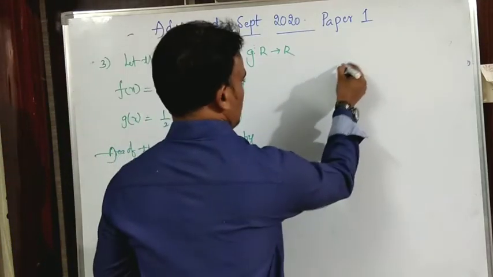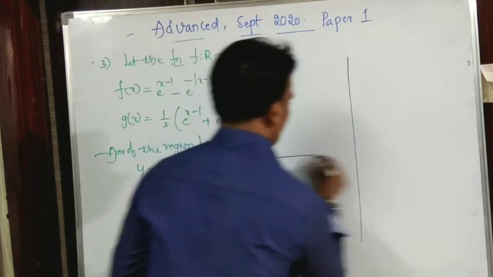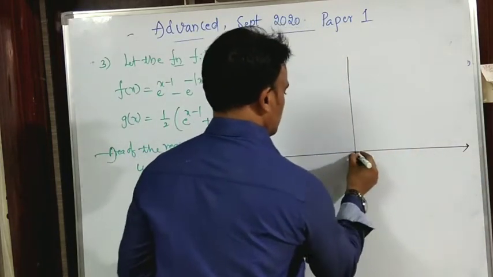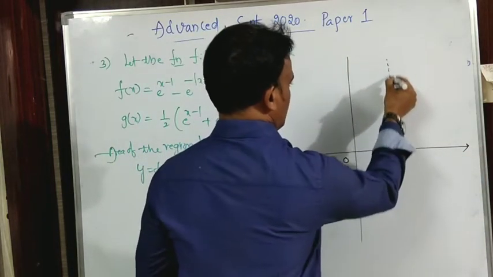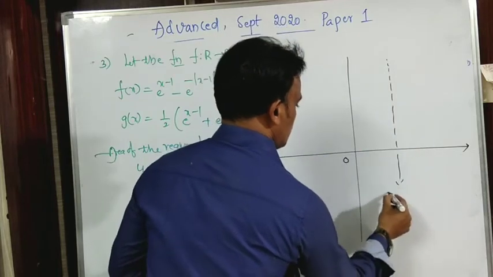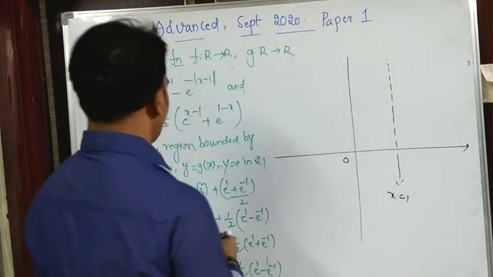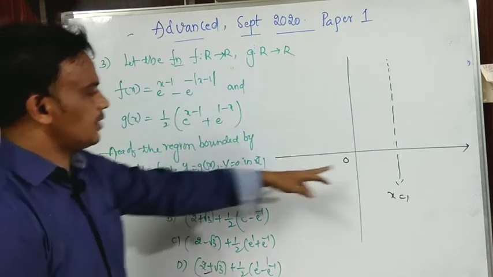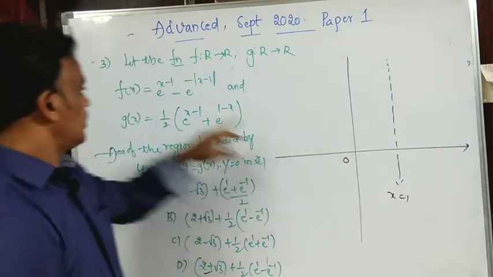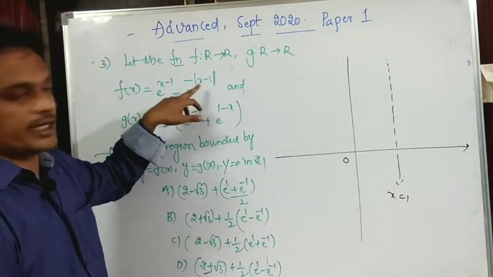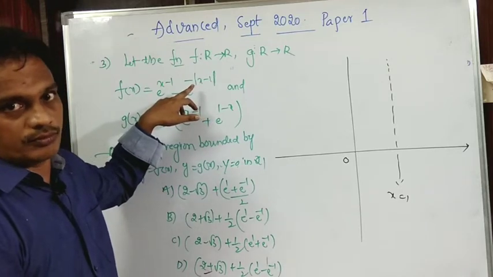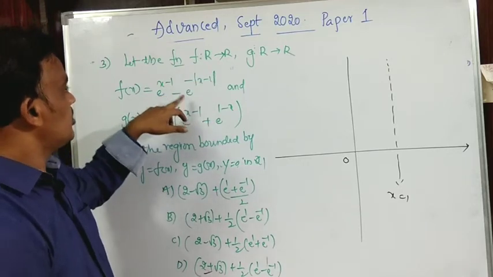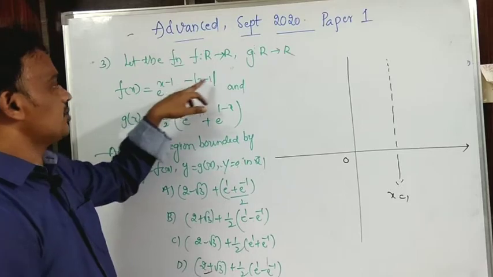So coming to the graph. Let us take x equals 1. Observe this: here x equals 1. When x less than 1, what about the first graph? When x less than 1, x minus 1 is less than 0, negative, and this becomes e power of x minus 1.